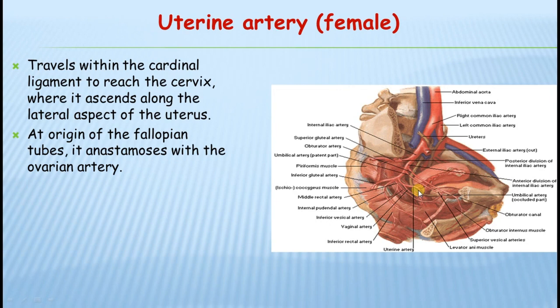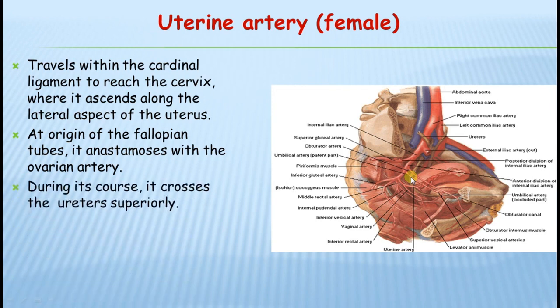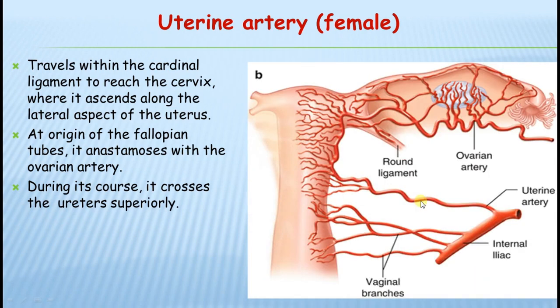It ascends above, turns laterally below the uterine tube, enters the ovary through the mesovarium and anastomoses with the ovarian artery. During its course, it crosses the ureter in front and above at the lateral angle near the uterovaginal junction.